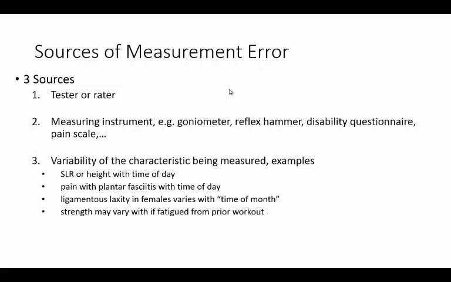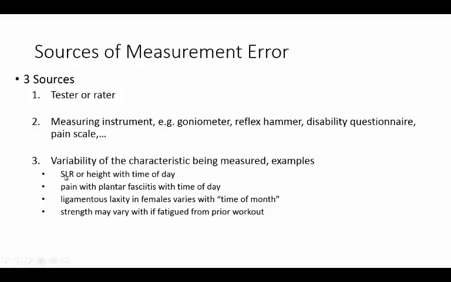Sometimes the tester is perfect, the instrument is perfect, so no errors, but the variable itself is changing. So variability of the characteristic being measured, or the variable being measured, sometimes is creating an error. For example, straight leg raise or height with time of day.